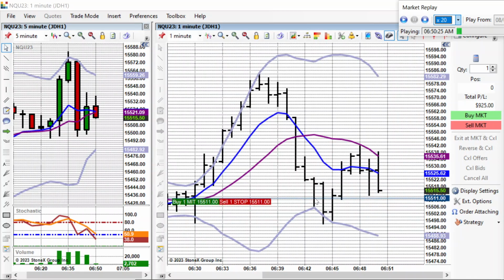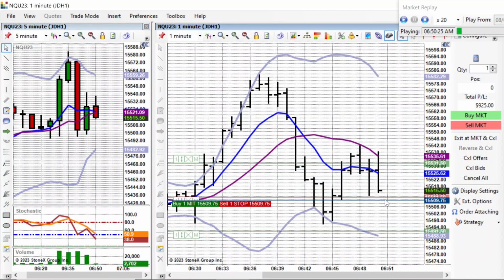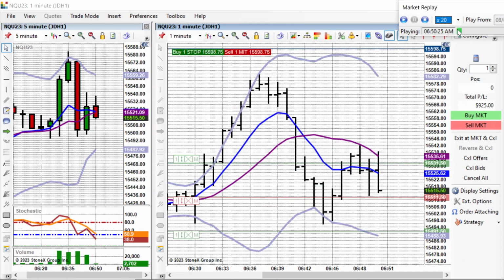Okay. I know if it takes out the low of that previous bar, look how much momentum it's got going into that. So I have it paused here. In reality, of course, it's not going to be paused, but I better set the correct speed here.